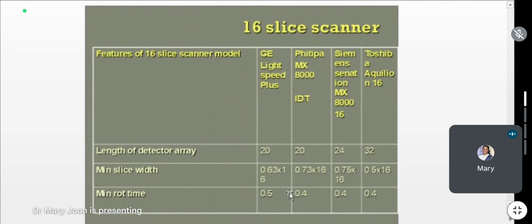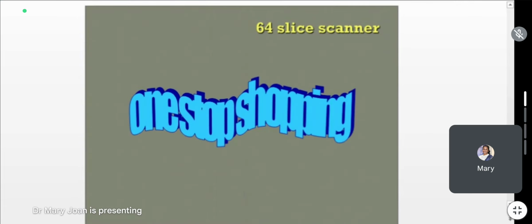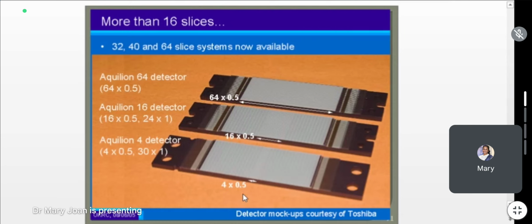Each company has set its own specific characteristics for its equipment. The length of the detector array is 20 to 32 for all four, the minimum slice width is also in a similar range, and the minimum rotation time is also about the same. Beyond 16 slices, we have options of 32, 40 and 64 slice systems.